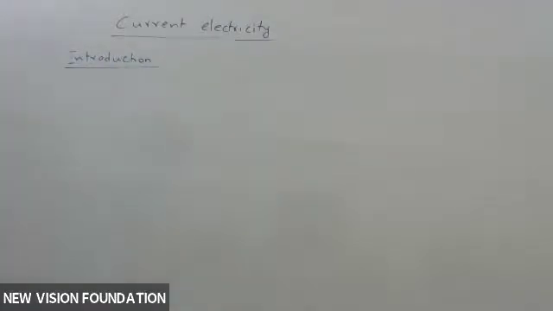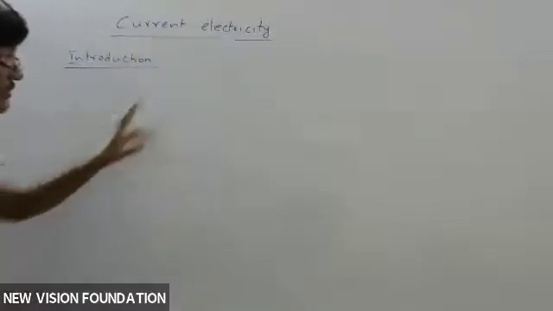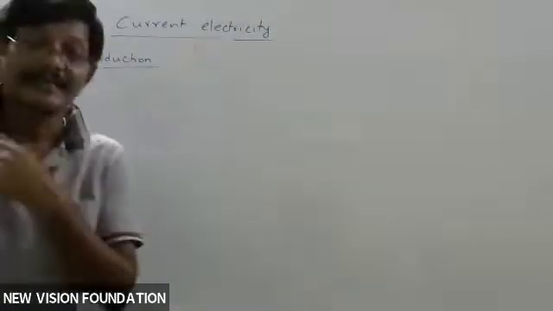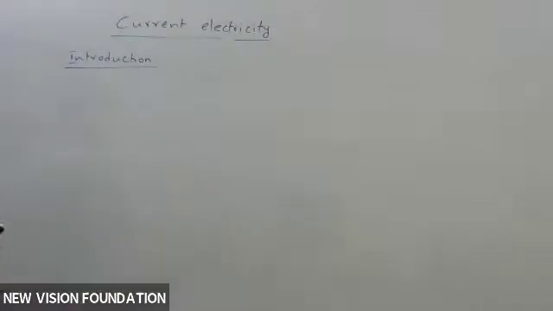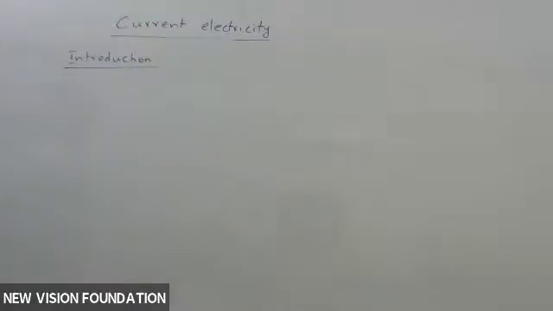Introduction. Current electricity means flow of current. Electricity means electrons. Electrons flow is called current electricity.